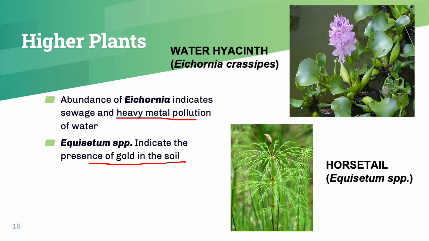So meron dito na yung Equisetum species. So this is an indication that there is a presence of gold in your soil. Diba? Imagine, kapag meron kayong horsetail na nakita sa inyong bahay or sa inyong surroundings, maaaring ito ang indication na merong gold sa inyong surroundings.